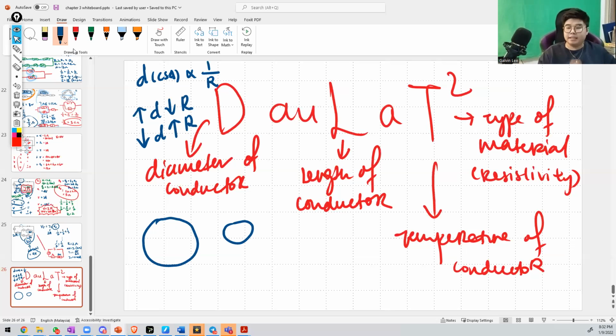Let's say both of these are copper wire. So copper wire itself naturally has some resistivity inside, right? There are some things that are trying to block the electricity. So I will use red color to represent. This is trying to block the electricity. Now we are being fair, right? Because it's the same material, same resistivity, we draw the same.